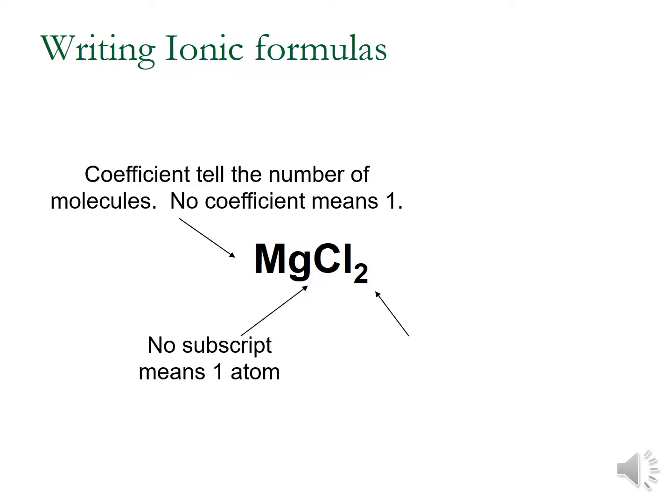Since magnesium does not have a subscript on it, then magnesium has only 1 ion in the formula. Chloride has a subscript of 2, so that means there are 2 chloride ions in the formula. So this shows magnesium and chloride with a 1:2 ratio.